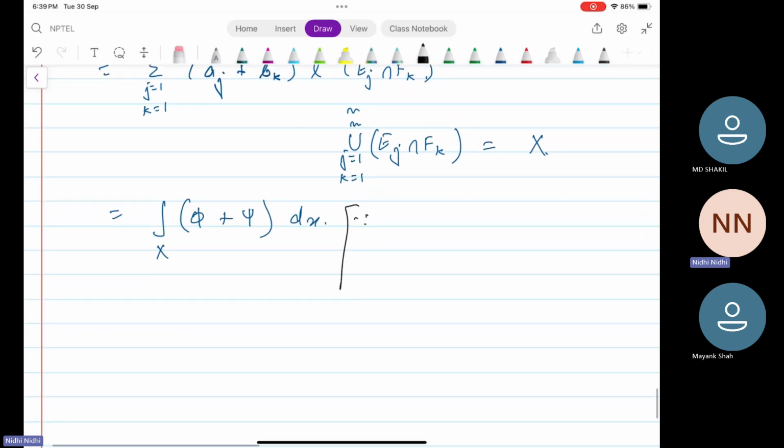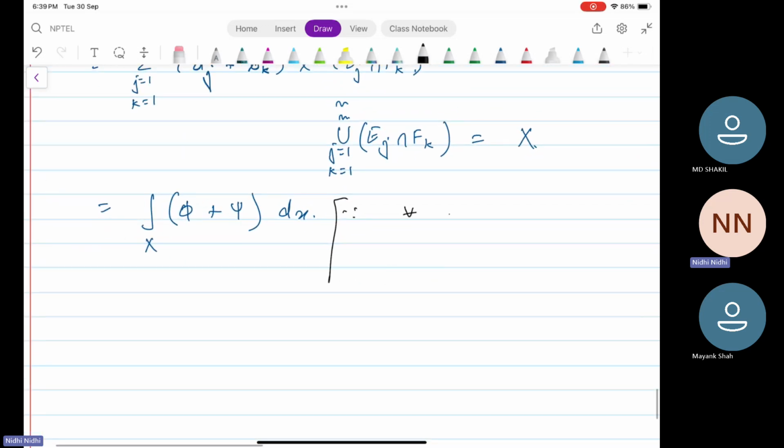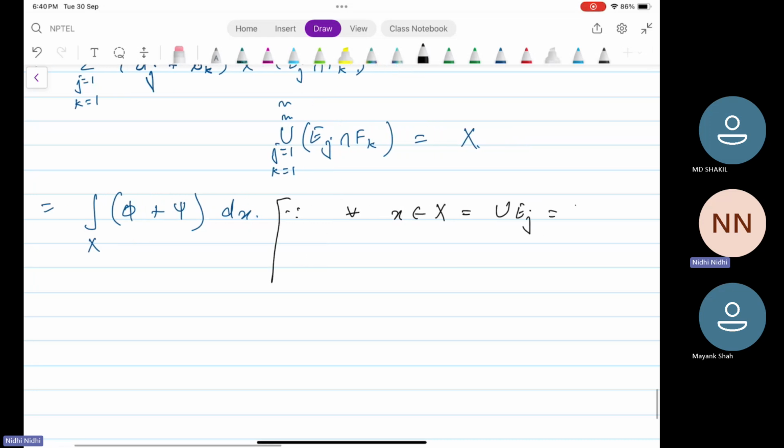Since for every x in X, now this X is union Ej, and this is also equal to union Fk.